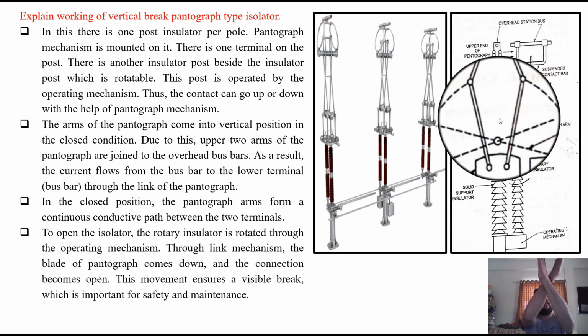So here it is connected with the bus bar and comes down like this. At that time the contact with the main bus bar is broken. This movement ensures a visible break, which is important for safety and maintenance. So this is how the vertical break pantograph type isolator works.